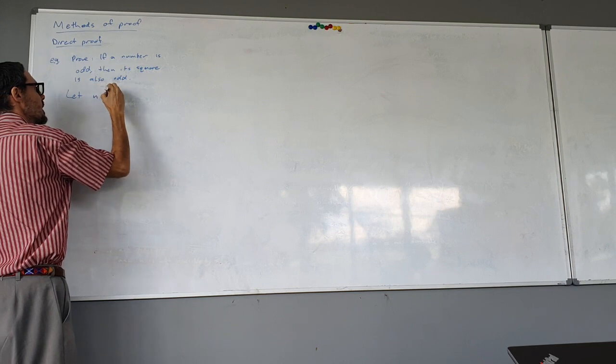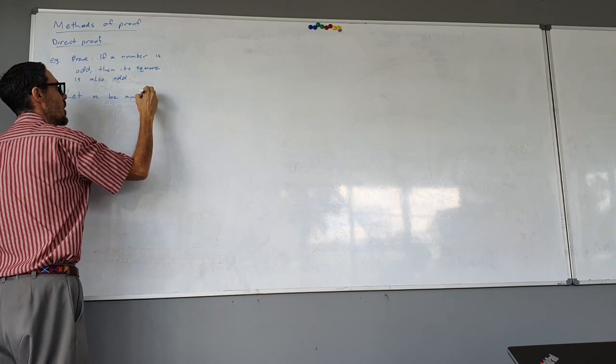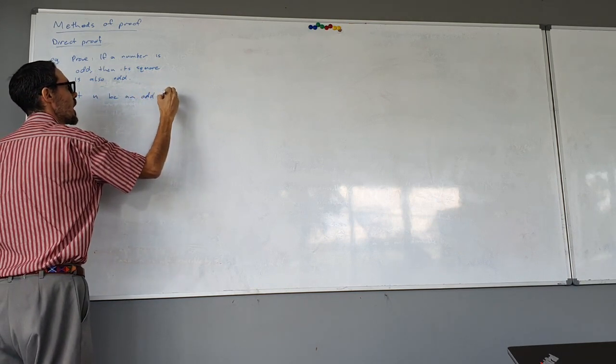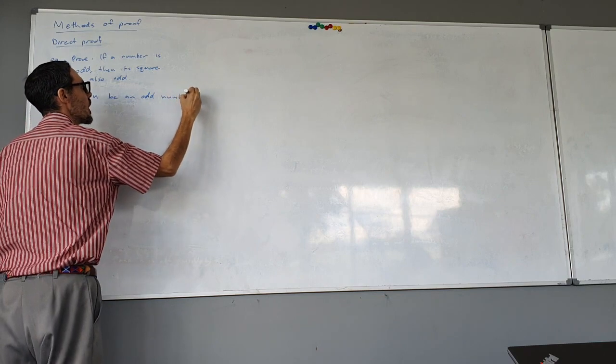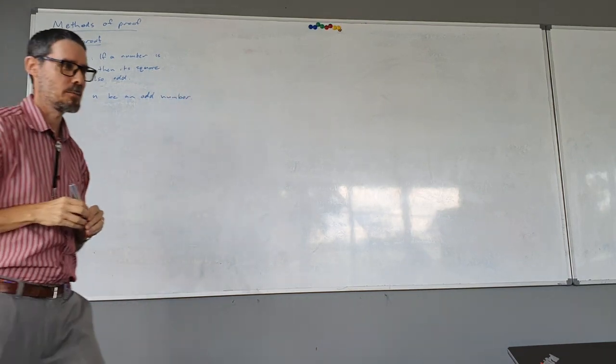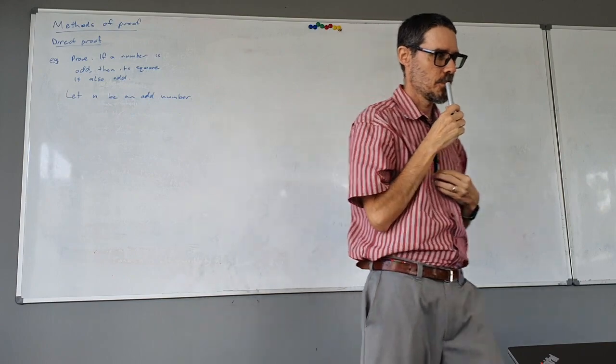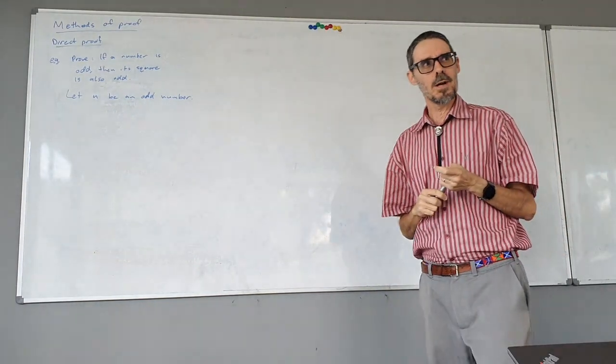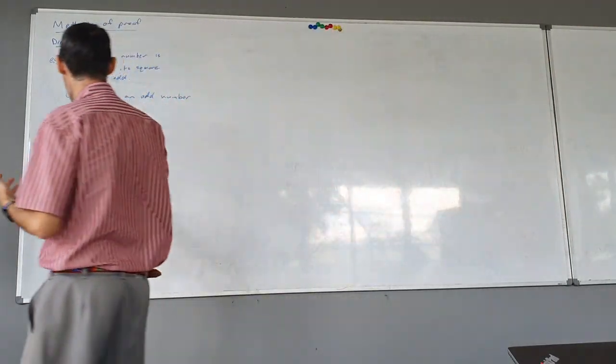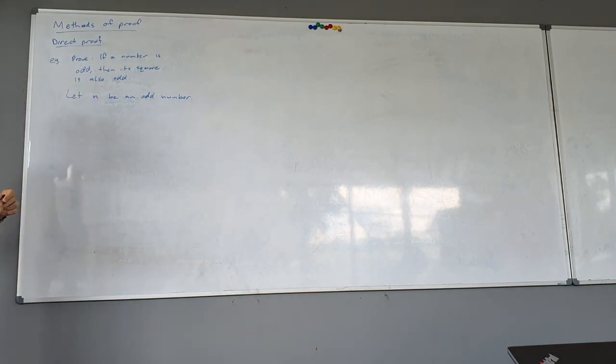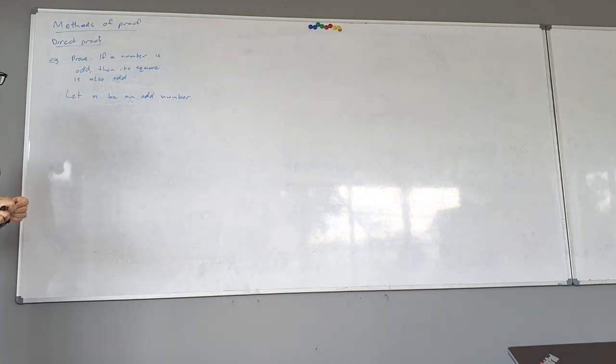Let n be an odd number. Well, if it's an odd number, I can write it in a particular way. Does anyone remember? We did this last week, I think.